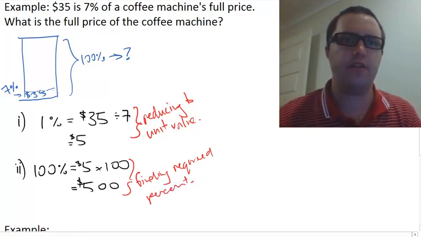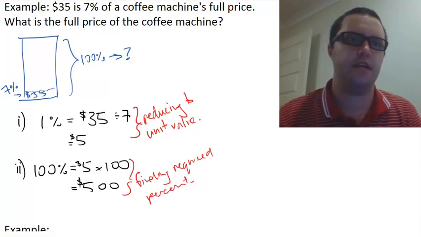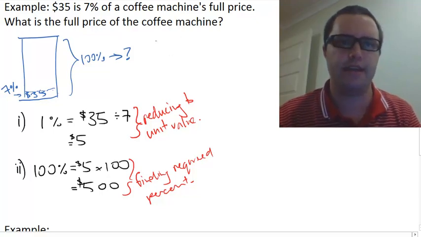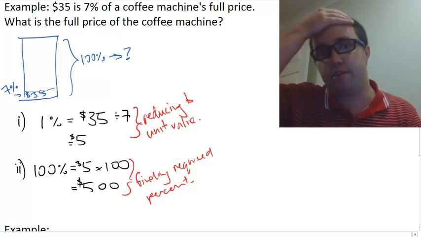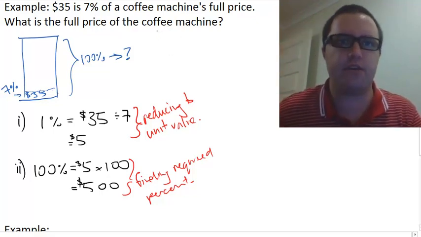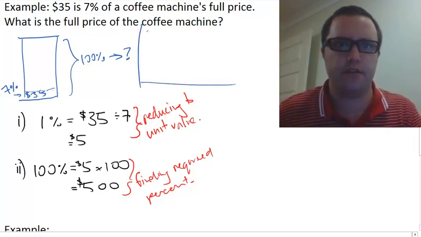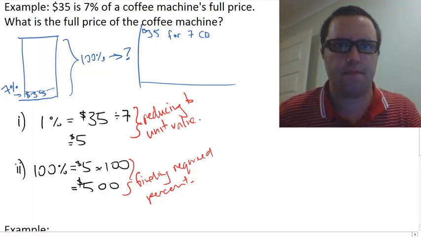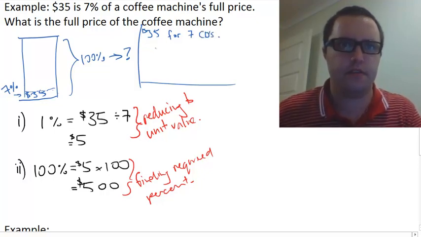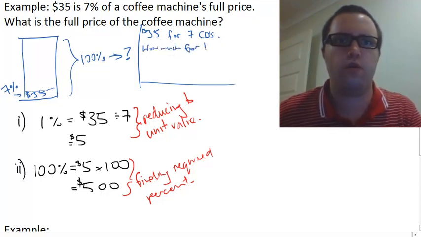Now, another way to think about unitary amounts is, let's just say this problem was instead, something separate up here, it cost me $35 for 7 CDs. Then how much for 100 CDs?